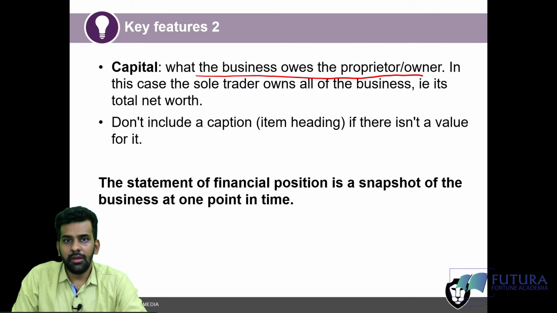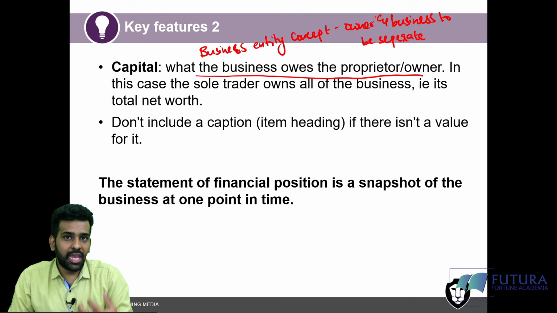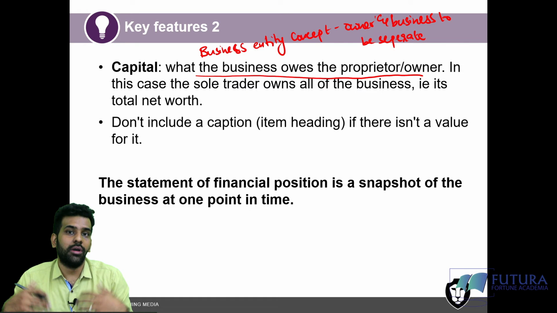So here, when the owner invests X amount of money in the business, it is shown in your business accounts as capital. So if I start a business and I invest $100,000 into my business, it is shown in my capital account. It is treated similar to a liability. Here, the business is owing to the owner, but a liability is where the business owes to a third party.